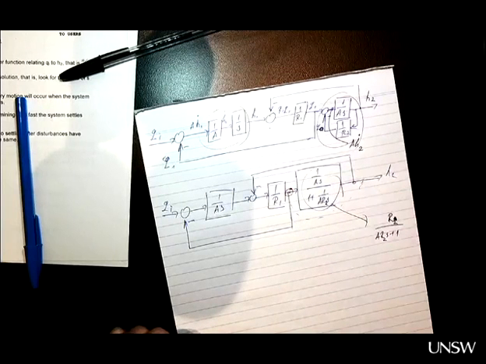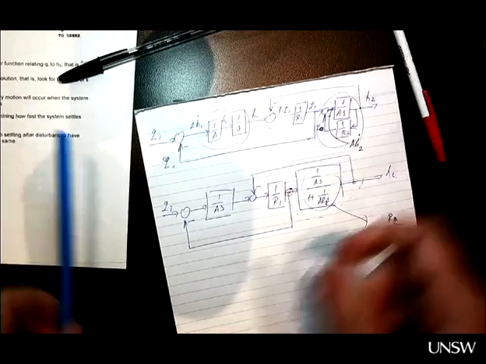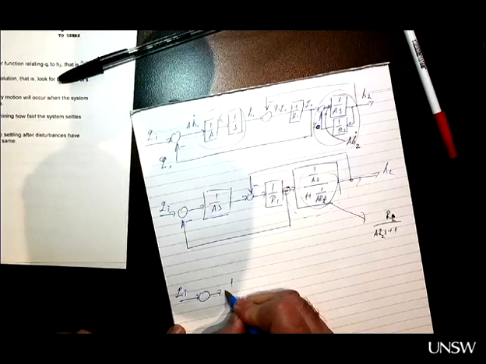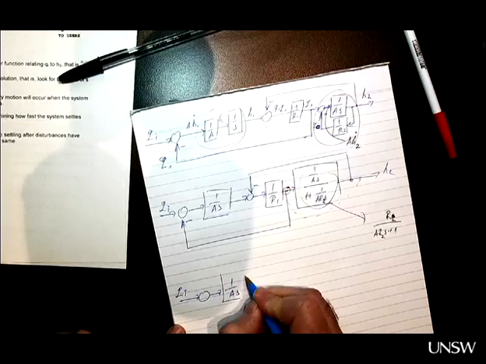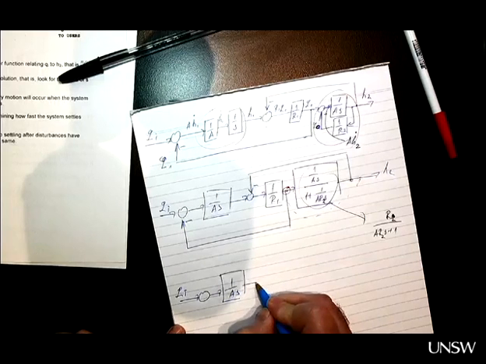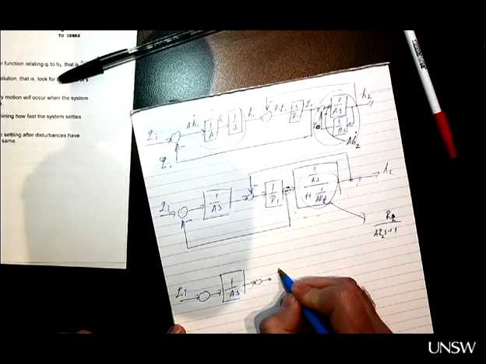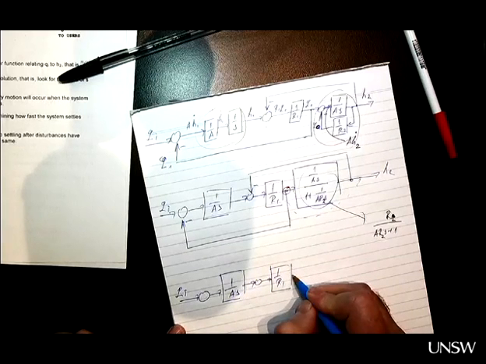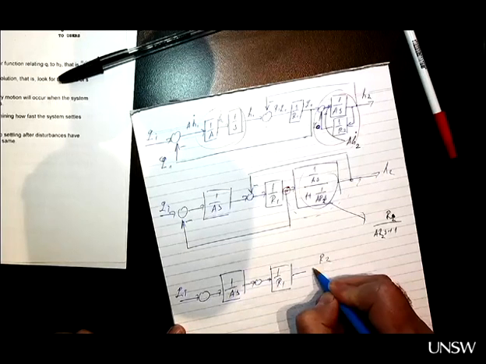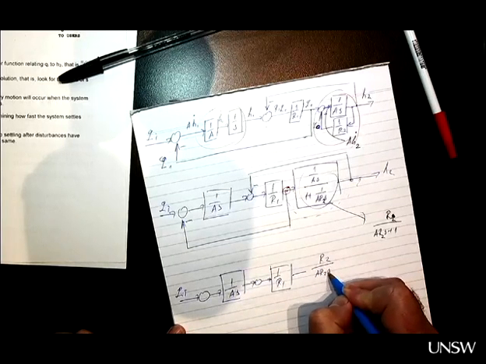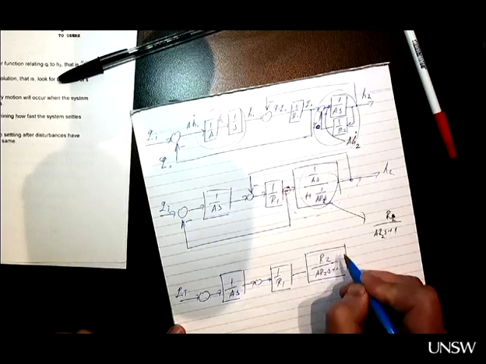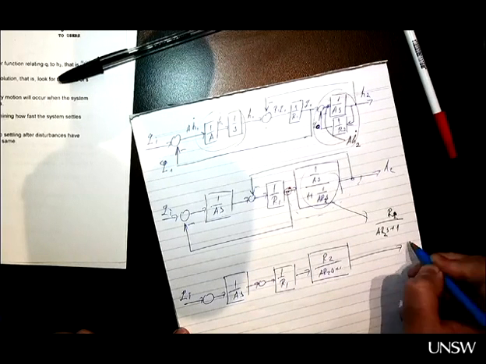So that will give us Qi, 1 over AS, 1 over R1, R2 over AR2S plus 1, H2. Here we have minus.